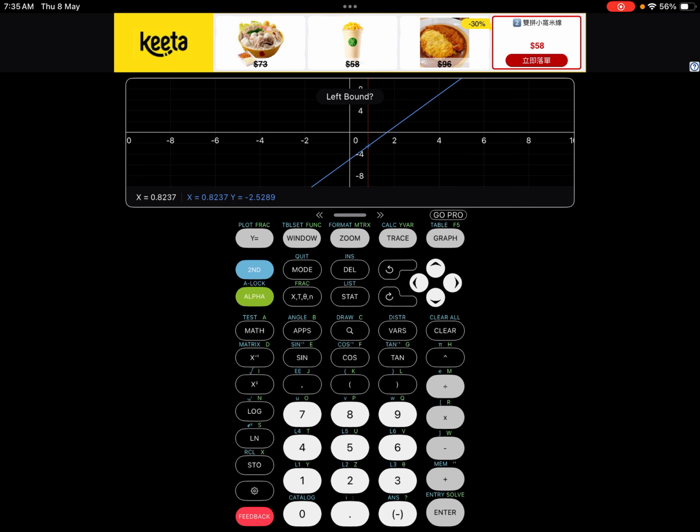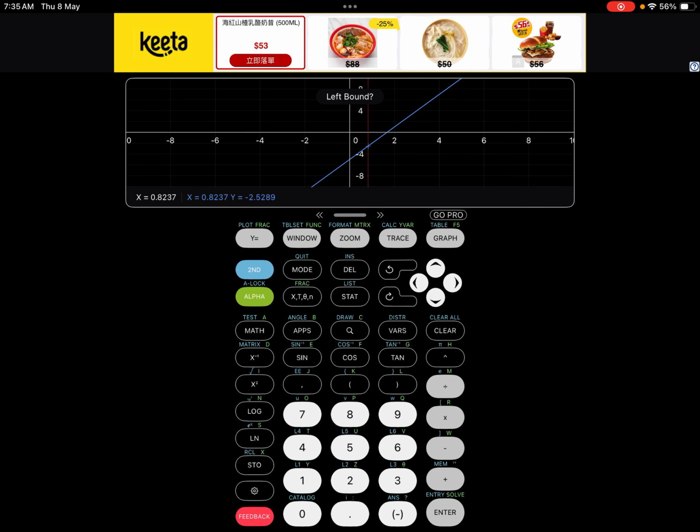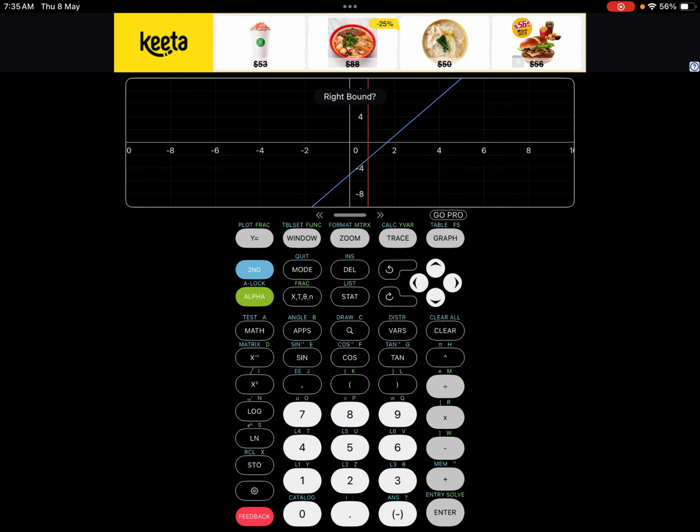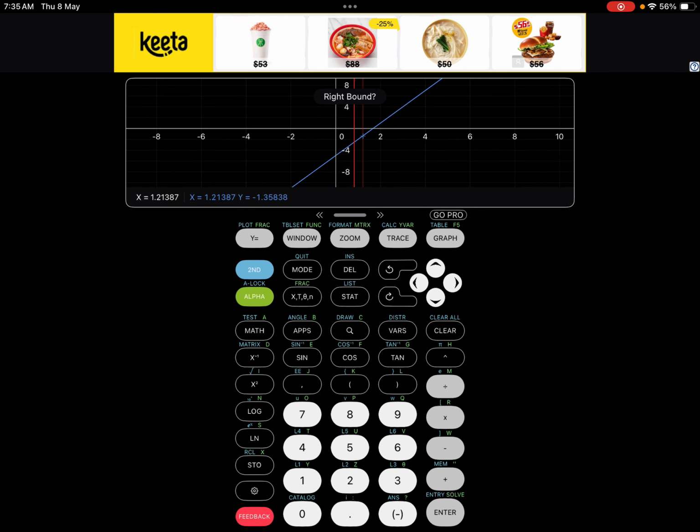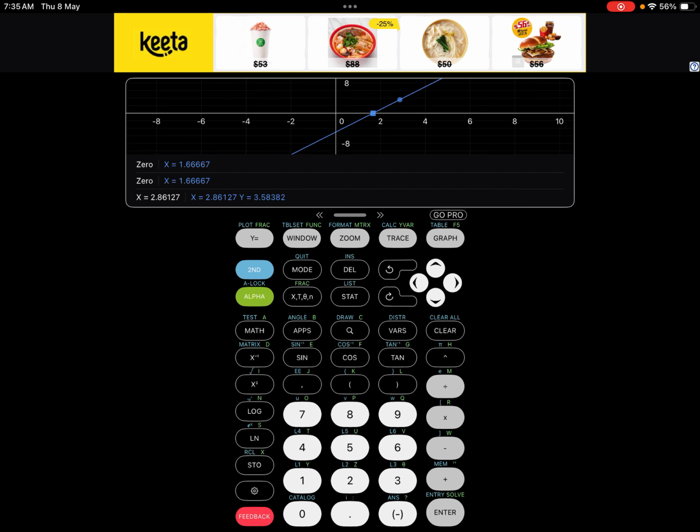Just make sure the left bound is somewhere to the left of the x-intercept. I'll press enter, move the right bound somewhere to the right of it, press enter, and you should get the value 1.666667, which is the equivalent of 5/3. So that's how it works on the GDC.